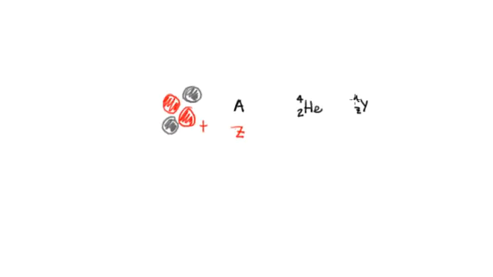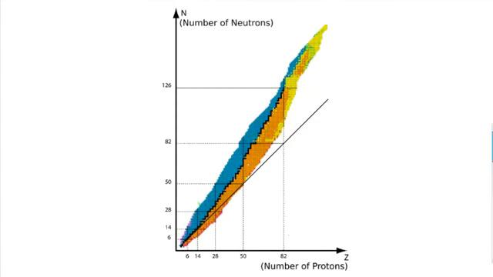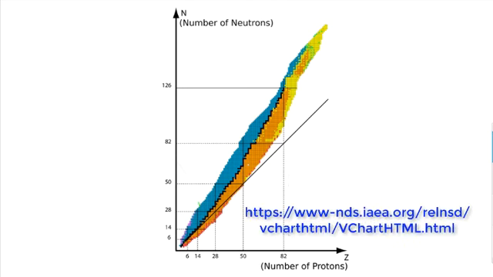So I would like to talk now about what makes some nuclei stable and some nuclei unstable, with the ultimate goal of understanding radioactive decay. A productive way to look at this is with this chart, which shows the stability of different nuclei. Here's a link that you should be able to click on in the video to navigate through this chart.